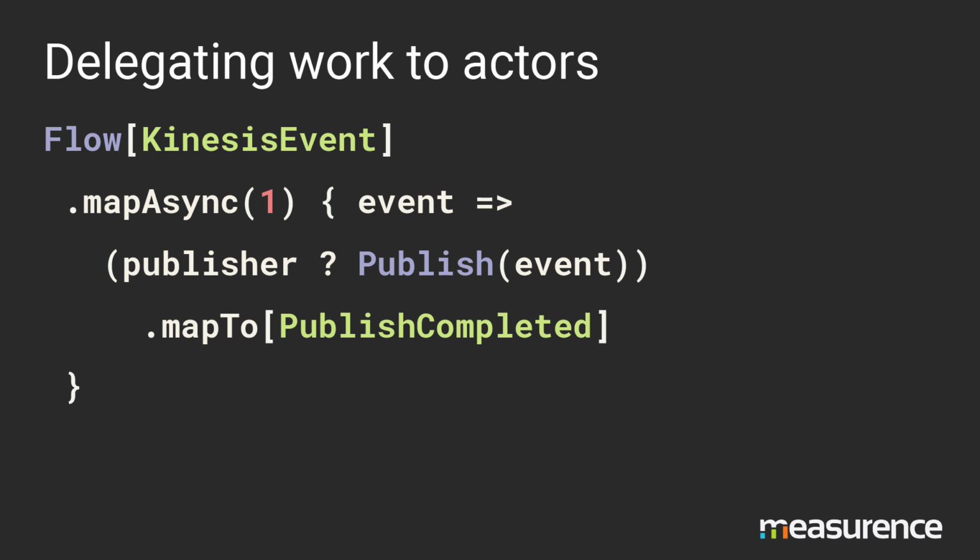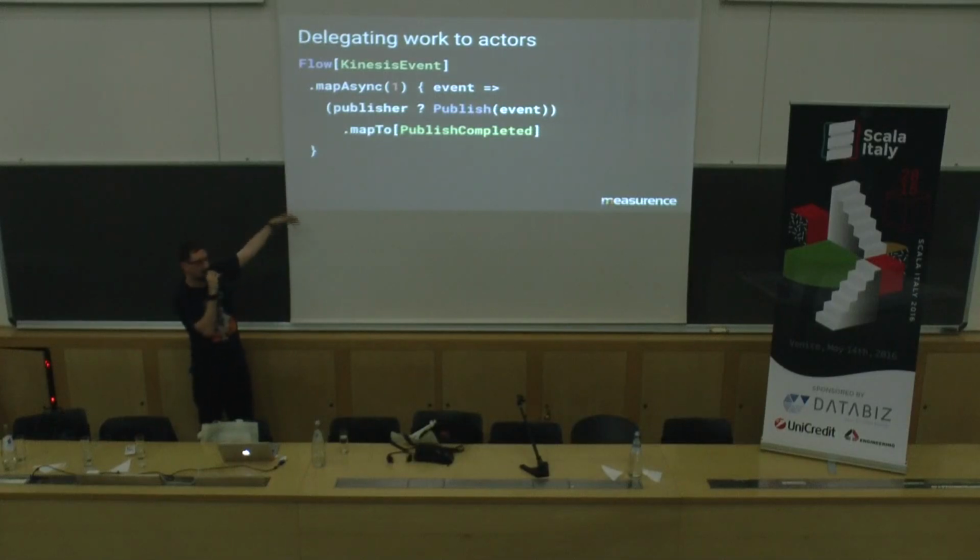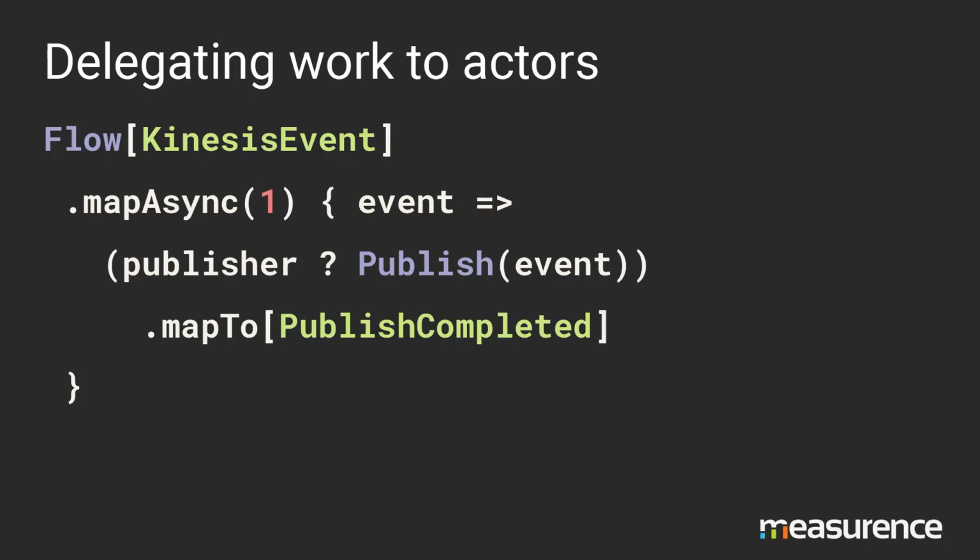And in return, the mapAsync will wait for that future to be resolved and will emit the resolution of the future downstream. So here we return a future of PublishCompleted, but the next piece will receive the PublishCompleted. If the future fails, the whole stage fails, and by default, all the stream will come down.